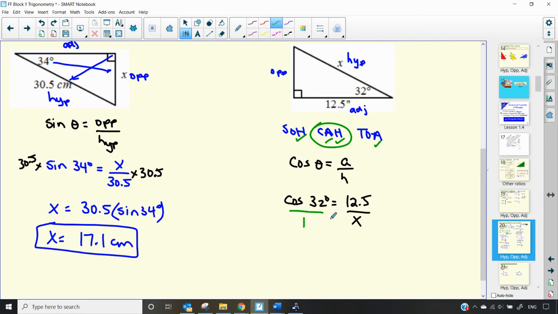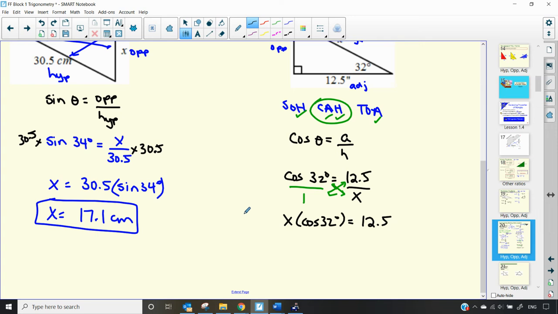I can put this over 1 and cross multiply, and that would give me x times cos 32 equals 1 times 12.5, which is 12.5. Now to get x by itself, we have to divide by cos 32. So my step would be x equals 12.5 divided by cos 32.